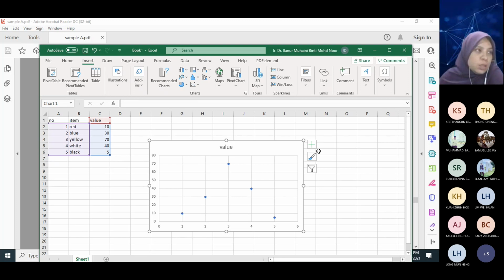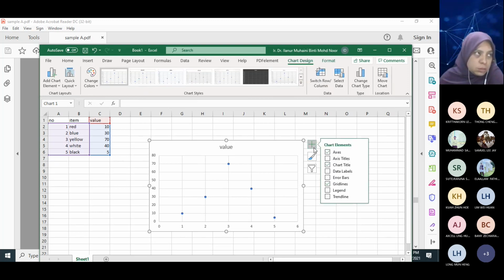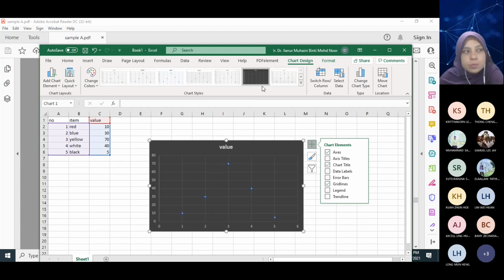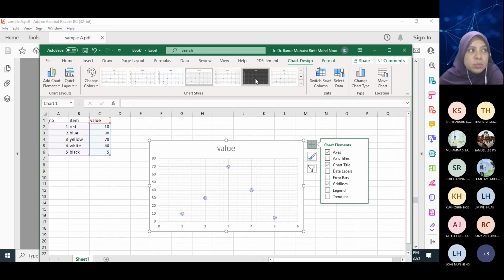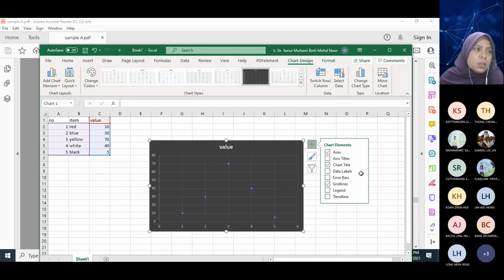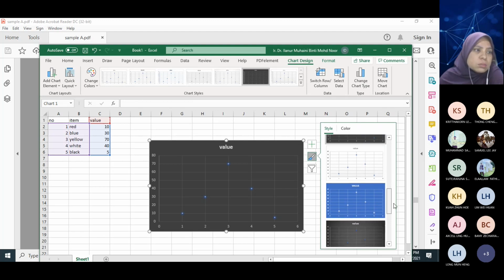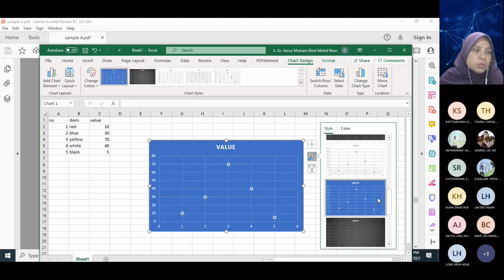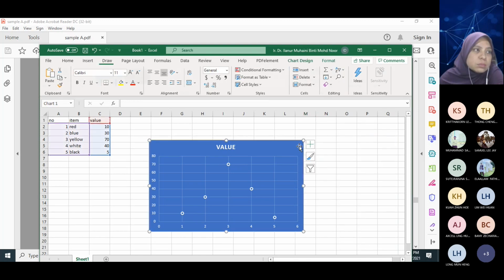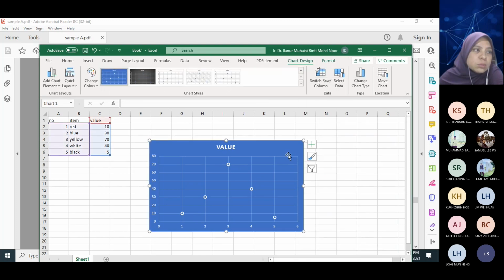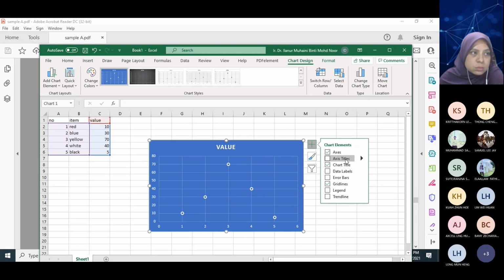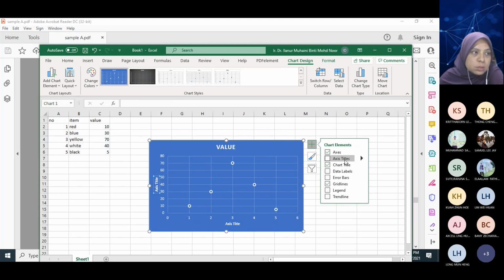And then you can add this. You can change to black. More presentable if the one. This one. Okay. After that, this color. Color if the one blue color also can. Then wait lah. Exist title.